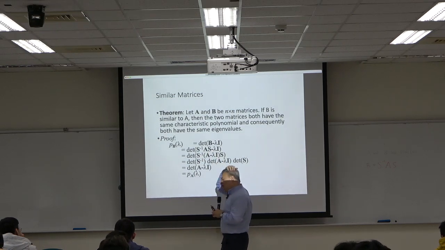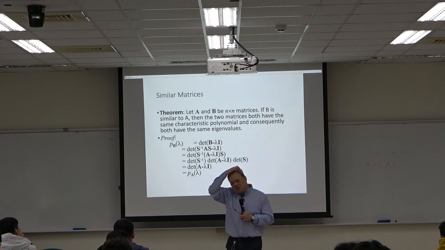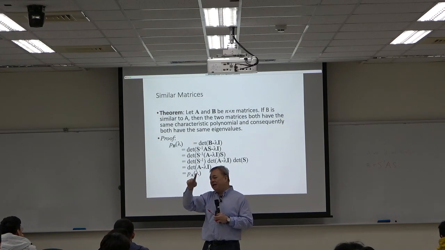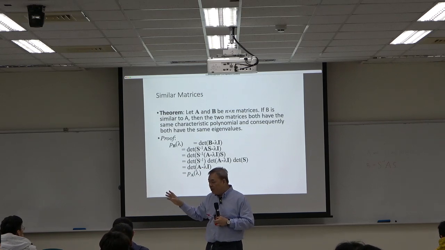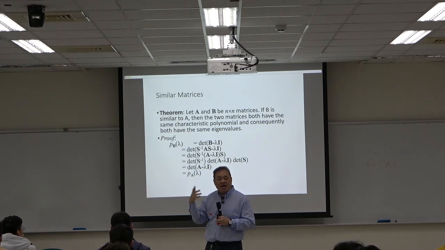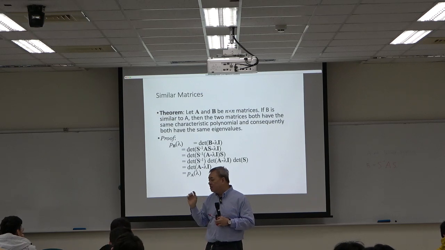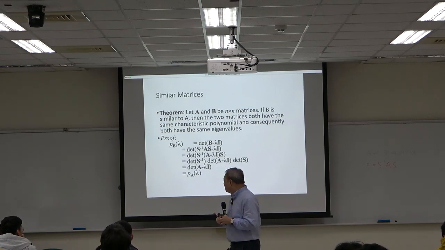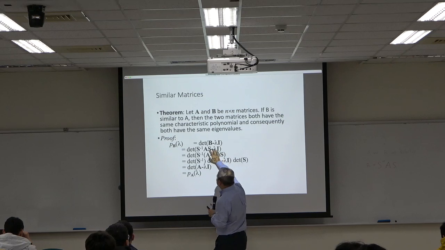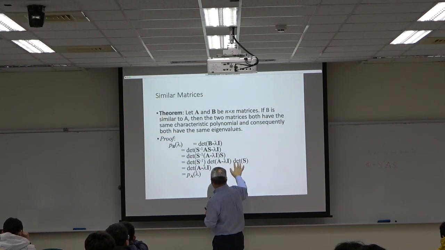Then the determinant of A times B equals the determinant of A times the determinant of B, if A and B are square matrices. So this becomes this one times this one times this one.